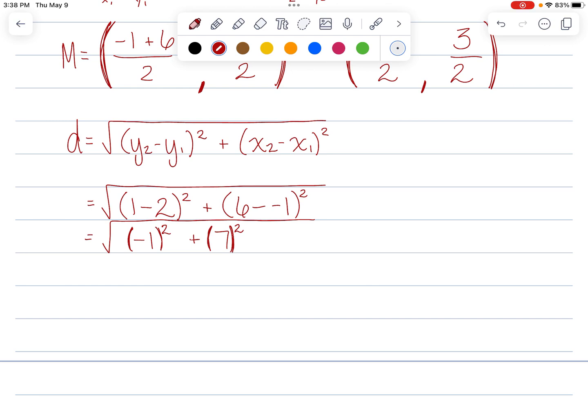Otherwise, if I had written it without the parentheses, -1 squared is -1, but -1 in parentheses squared is a +1, because the first one says 1 times 1, then make it negative. This one says have a -1 times a -1. So be careful of that. This is not what we want. This is what we want. You should always have positives after you square it. If you don't, you put it into your calculator wrong if you used your calculator.